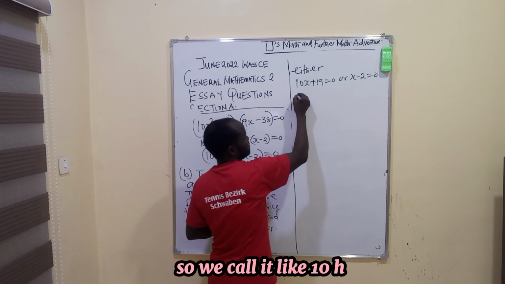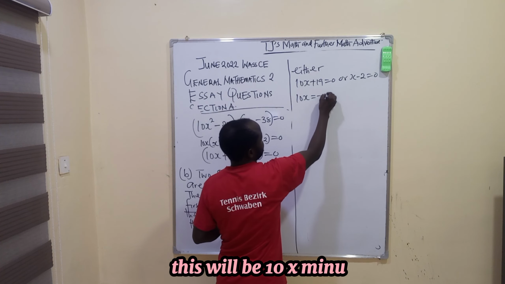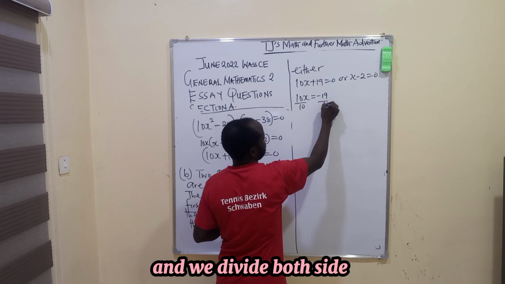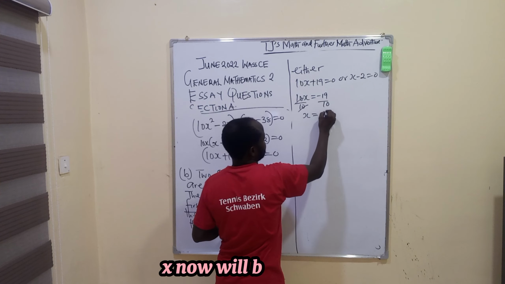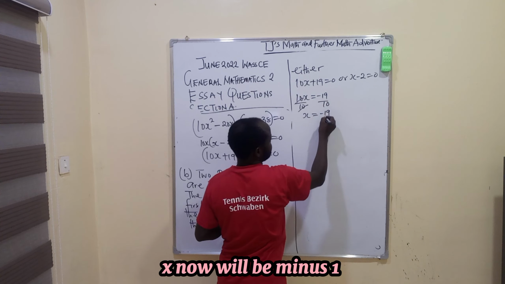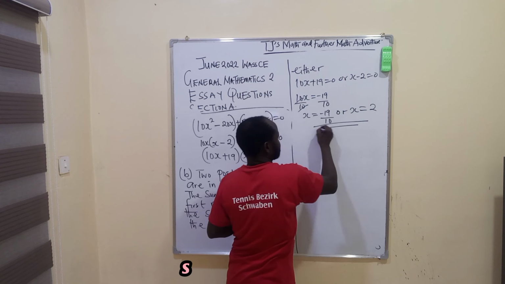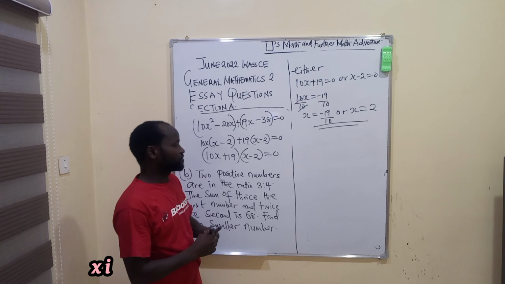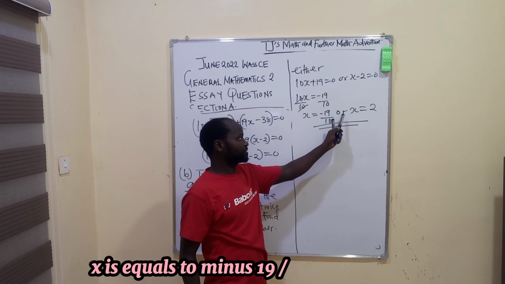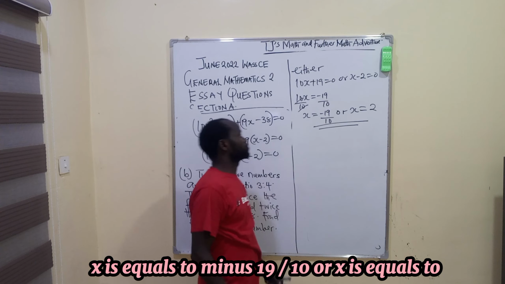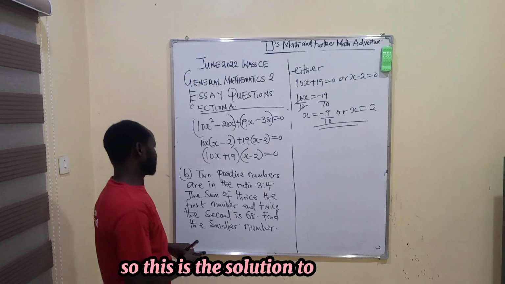So we collect like terms here. This will be 10x equals minus 19. Then we divide both sides by 10, so x will be minus 19 divided by 10. Or, moving the minus 2 across, x is equal to 2. So this is the value of x: x equals minus 19 divided by 10, or x equals 2. So this is the solution to the first question.